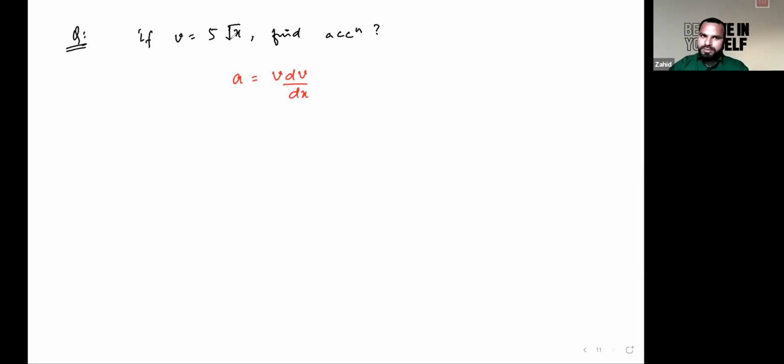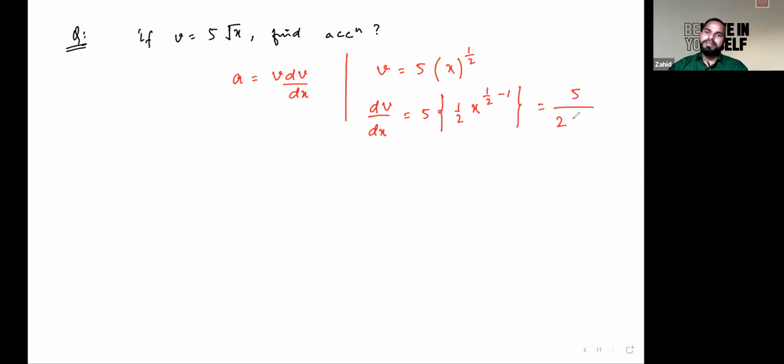So first of all, differentiate this particular term with respect to x. So v is equal to 5 times root of x, which can be written as x raised to half. On differentiating it with respect to x, it will be n x raised to n minus 1. And on simplifying, you will get 5 divided by 2 root x.